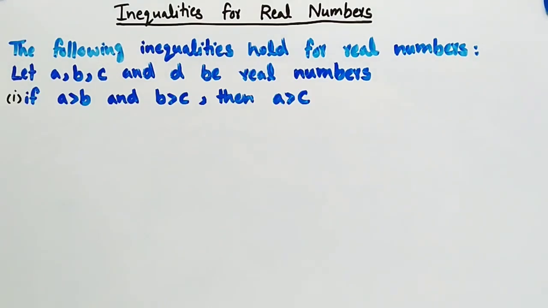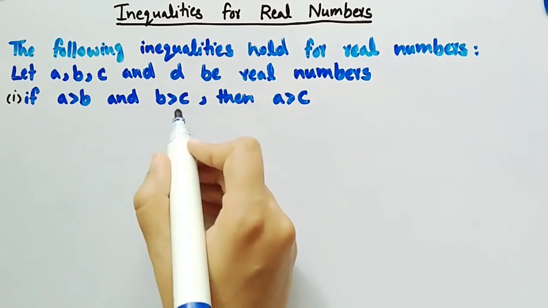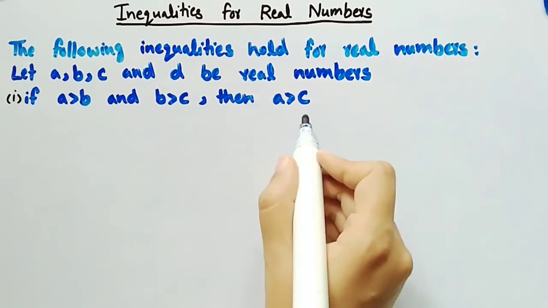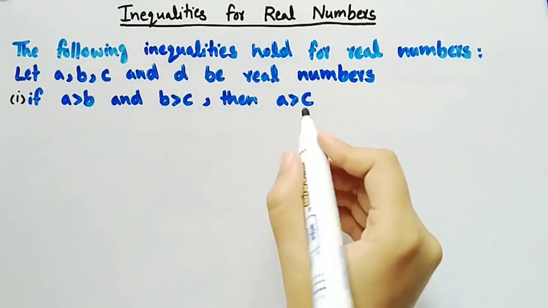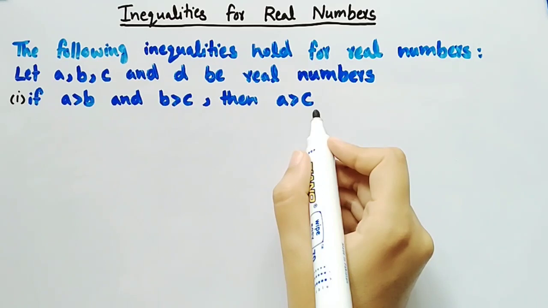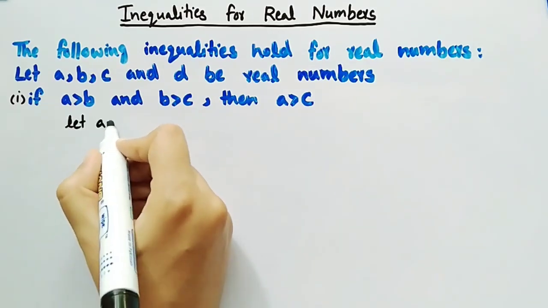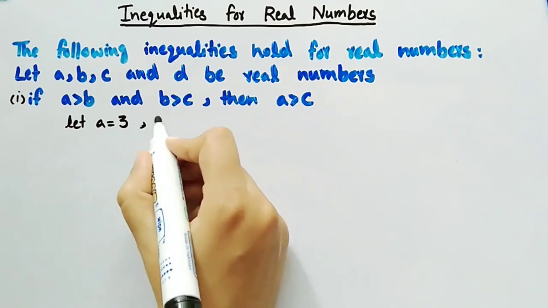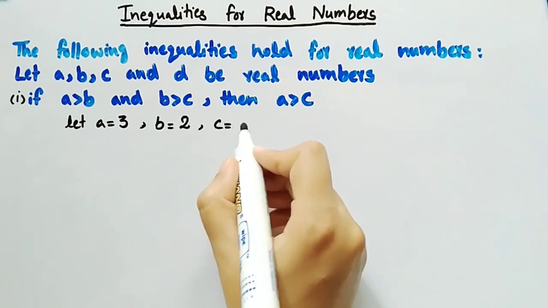The first inequality that holds for real numbers is, if A is greater than B and B is greater than C, then A is greater than C. To understand this inequality, consider a particular case: let A equal 3, B equal 2 and C equal 1.